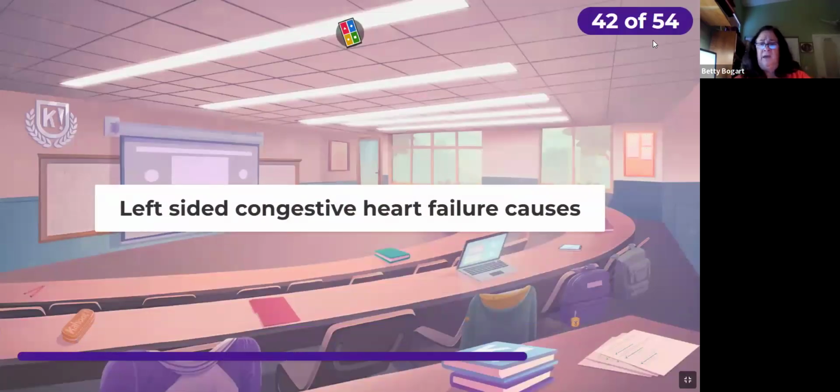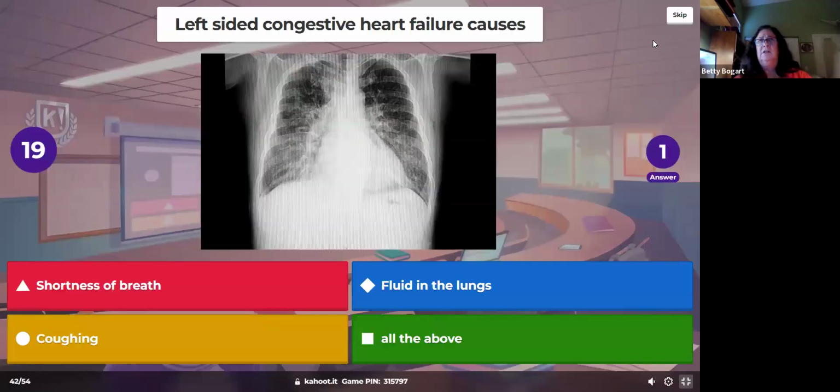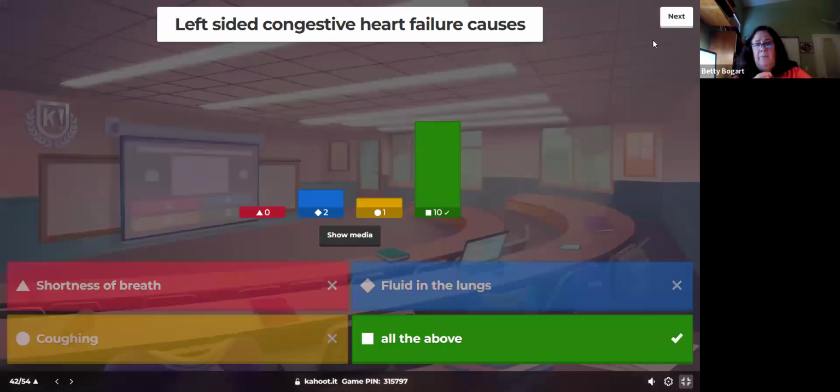Left-sided congestive heart failure causes what? So if the left side's not working, blood can't get out. Where does that blood and that fluid go to? My heart's failing, so it's going to go to the lungs, which is going to be shortness of breath, fluids, coughing, gagging, all of that, decreased saturations, increase in body weight, all of those.